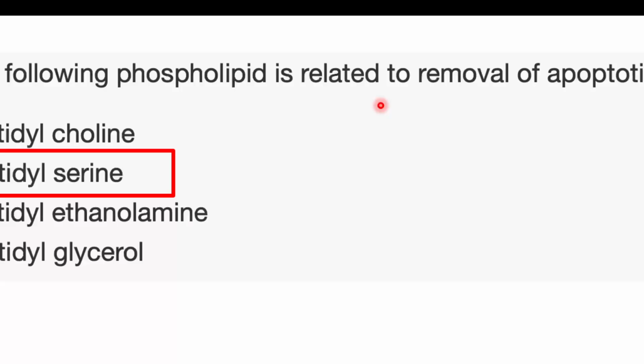Phosphatidylserine is such a phospholipid which is very important in physiology. It is related to removal of apoptotic cells by phagocytes. Now, what are phagocytes? Can anyone tell me what are phagocytes? You can just type in the chat box. I hope you know what phagocytes are.